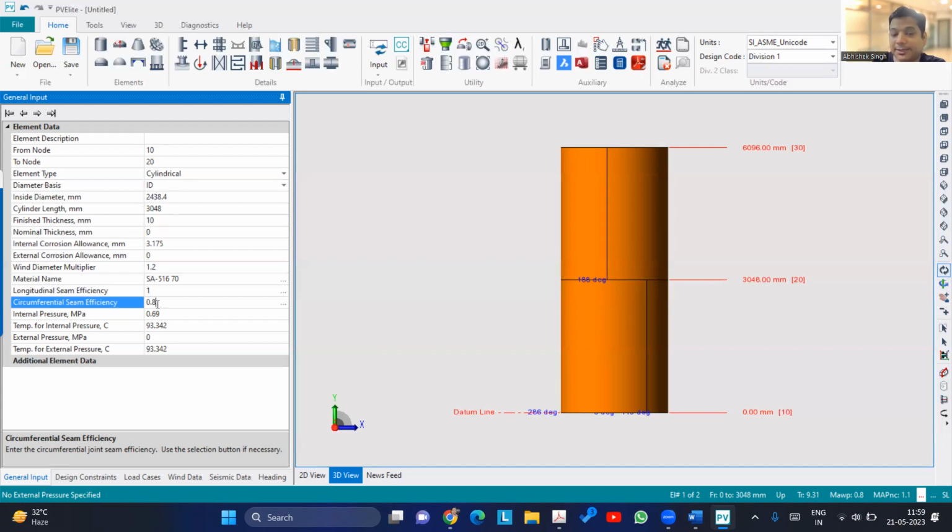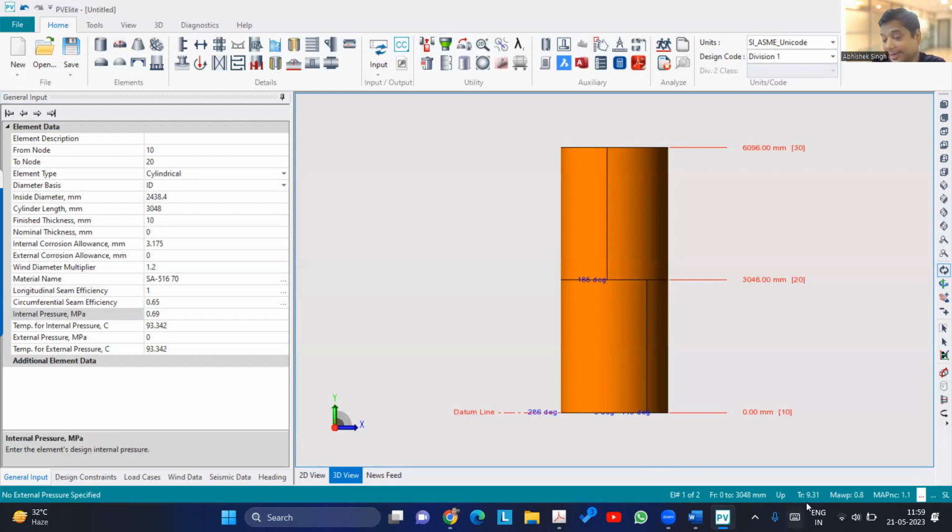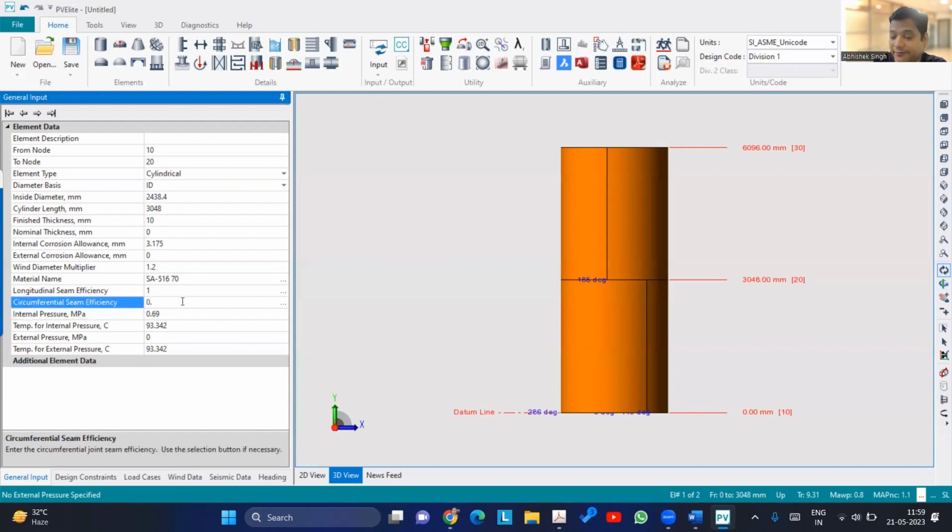Even if you go to 0.65, that does not mean that you have to mention 0.65, but I'm just indicating it is not changing. Now let us make it 0.5. Still not. Now let us reduce it to 0.45. Why is it so?